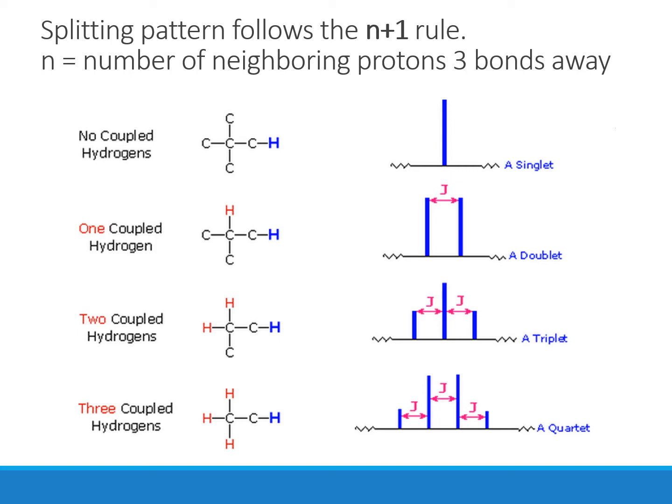Whereas at the bottom, you can see the blue hydrogen is 3 bonds away from each of the red hydrogen atoms, which means we will have splitting, and that blue hydrogen will split the three hydrogens into 4, because the neighboring hydrogens are 3, and the splitting will appear as 3+1 or n+1, and you'll have a quartet.